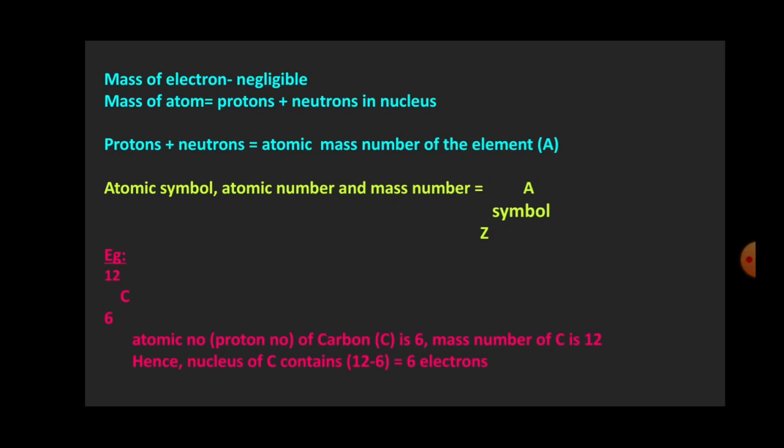So the mass number of carbon is 12 and hence the nucleus of carbon contains 12 minus 6, that is 6 neutrons. So this is how we can find out the number of different subatomic particles present inside the atom.